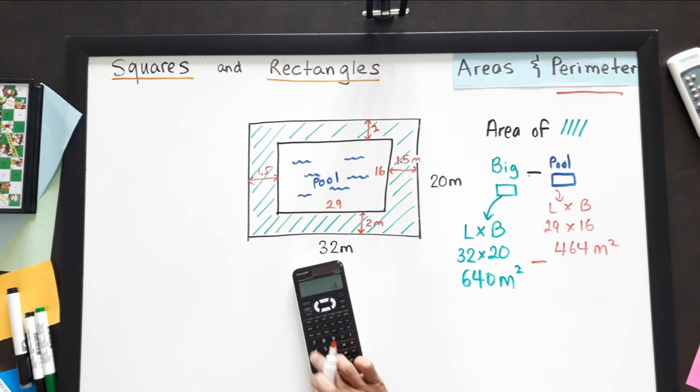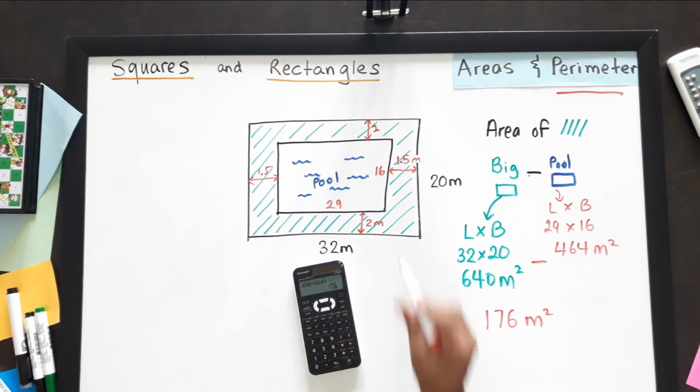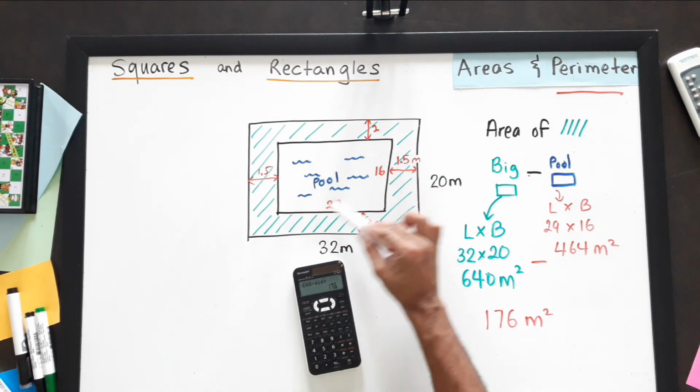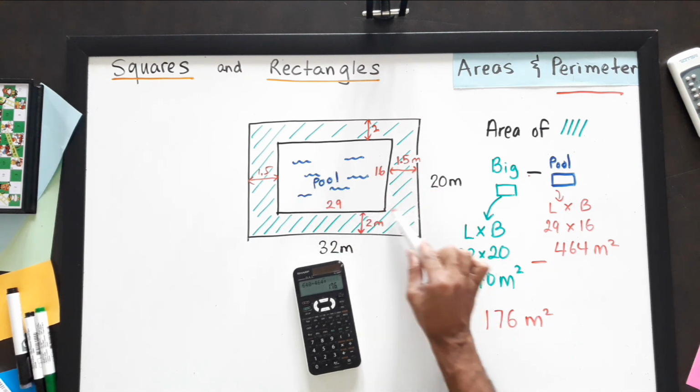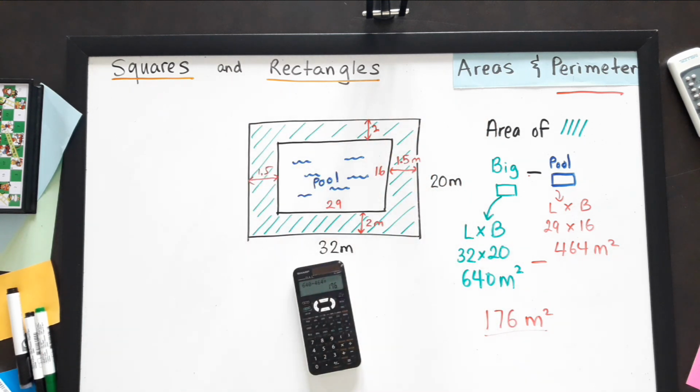Let's take it. 640 minus 464 will give us 176 meters squared. So the area around, that's what is left, is 176 meters squared. Alright, so that's a pretty popular type of question in exams.